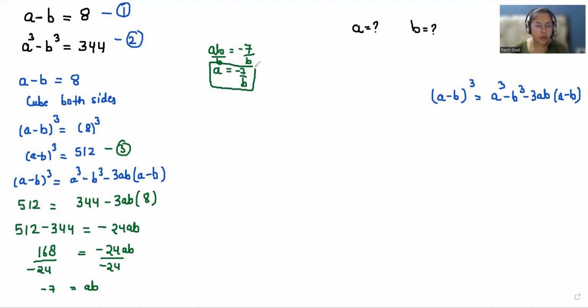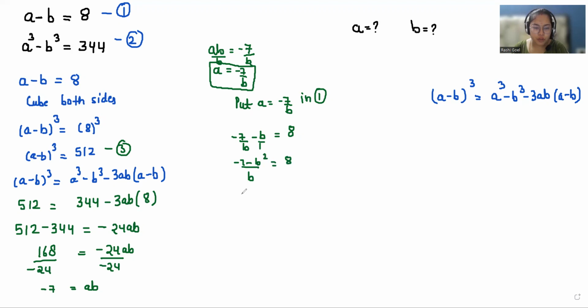Now I'm putting the value of a in equation number 1. So minus 7 by b minus b equals 8. So if I take the LCM, minus 7 minus b square is equal to 8b.